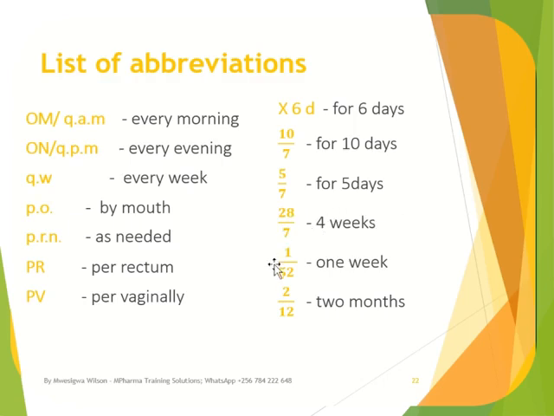Now 1 out of 52, we know how many weeks are in a year, 52 weeks. So 1 week. If you see 2 out of 52, those are 2 weeks. 2 out of 12, we know how many months are in a year. There are 12 months. So if you see 1 out of 12, that is 1 month.